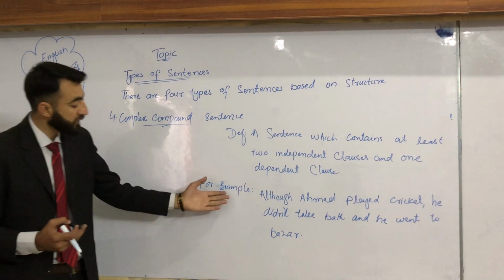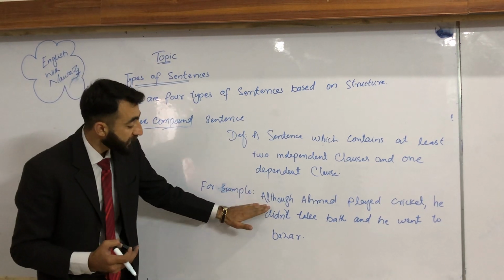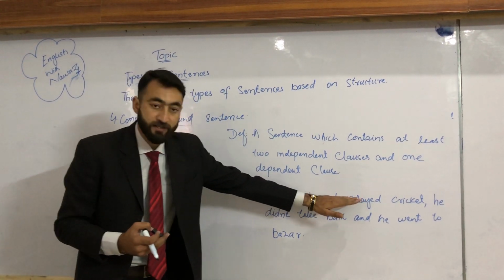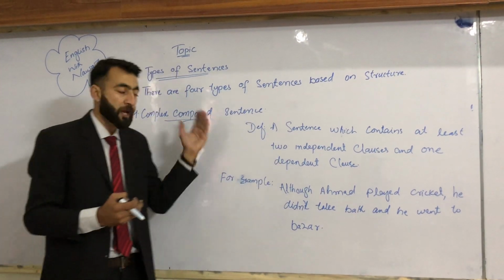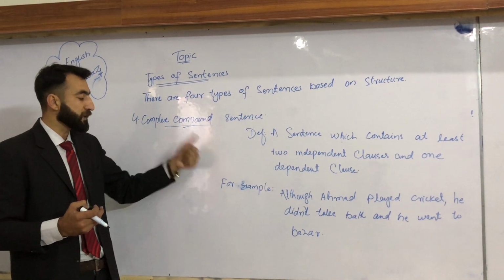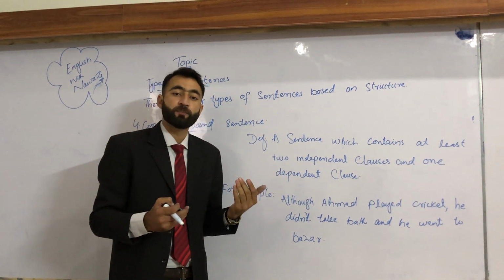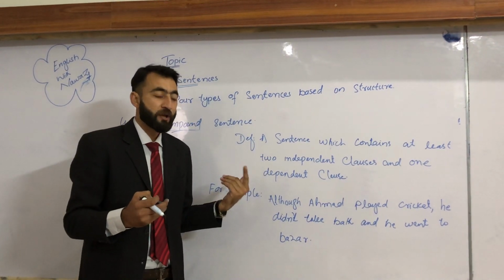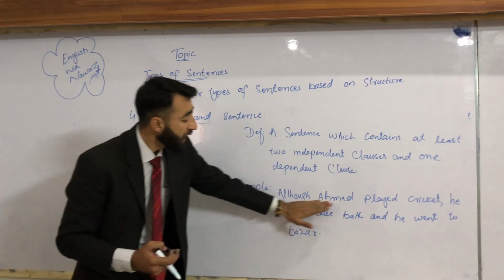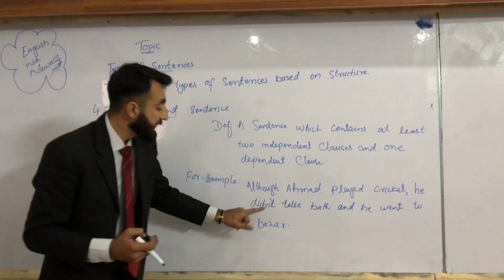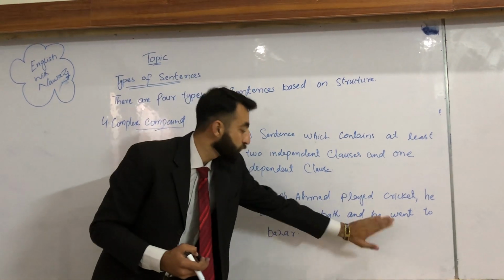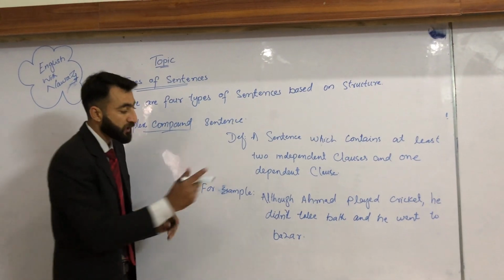Let me give you the example here. I wrote here, although Ahmed played cricket, in the last example, the complex sentence, there was a dependent clause, and here it is also a dependent clause. Although Ahmed played cricket, he did not take bath and he went to bazaar. Let me show you.